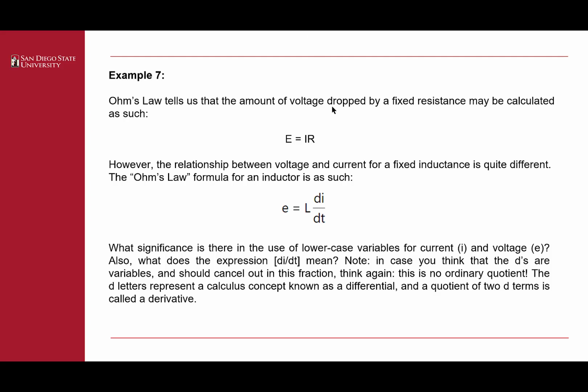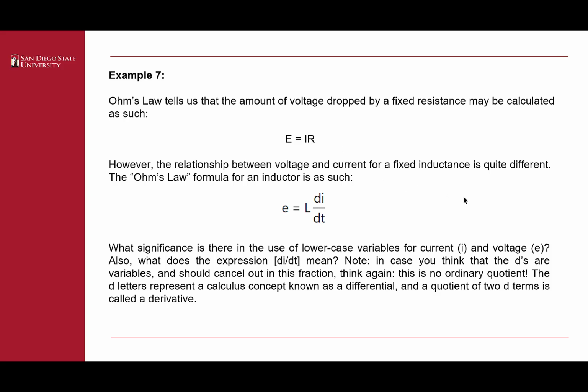The total voltage is equal to L, the inductance value of that inductor, times di over dt. So di/dt is the time varying current that passes through an inductor, and L is the inductance of that inductor. So if we multiply these values, we will get the voltage.